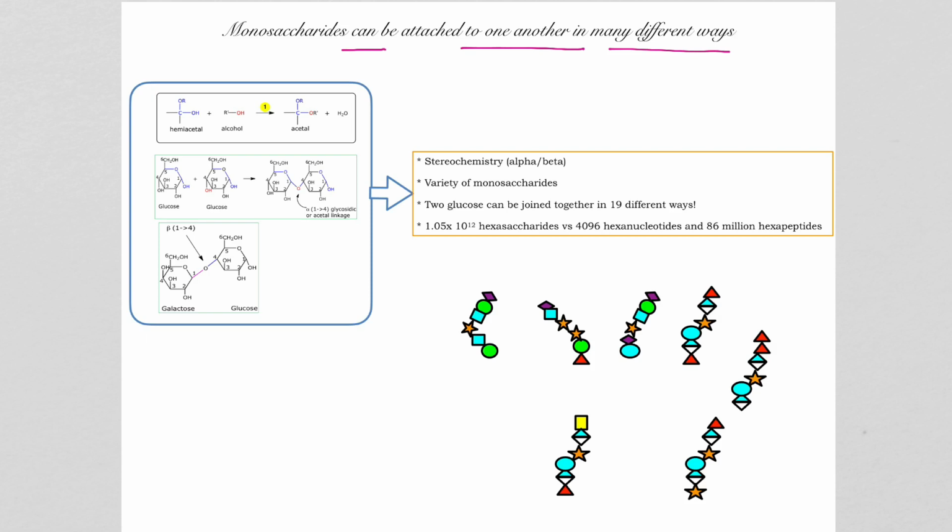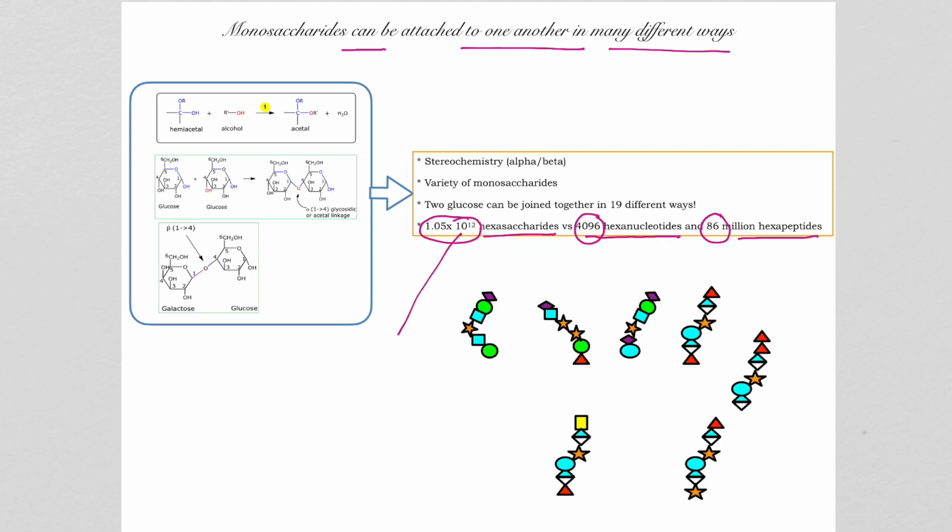For example, with a hexasaccharide, if you join 6 carbohydrates together, you could have billions of ways of doing that. Joining 6 nucleotides together in a nucleic acid, you only have about 4,000 ways. Joining 6 amino acids together in a protein, you have only 86 million ways.